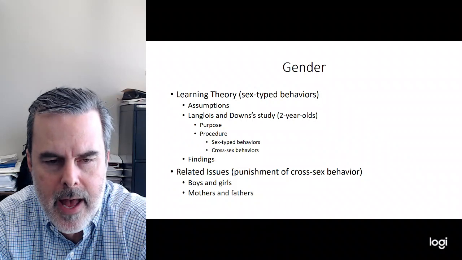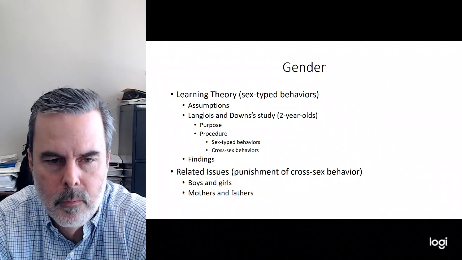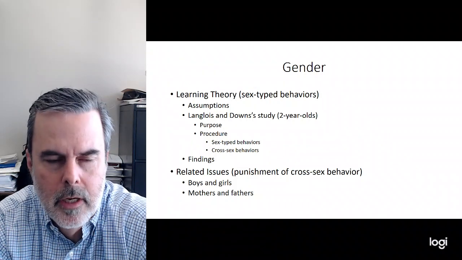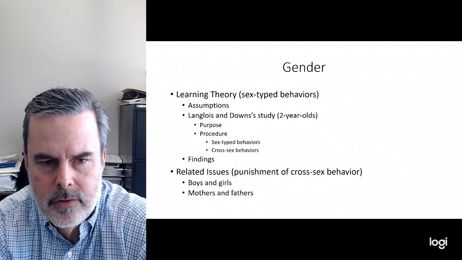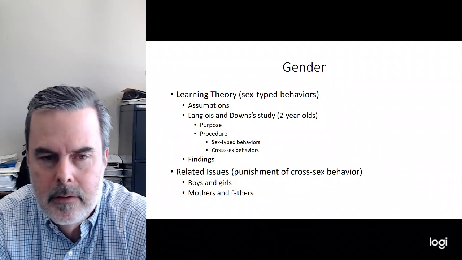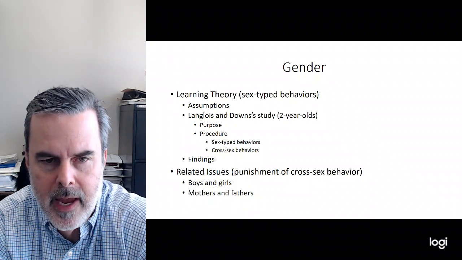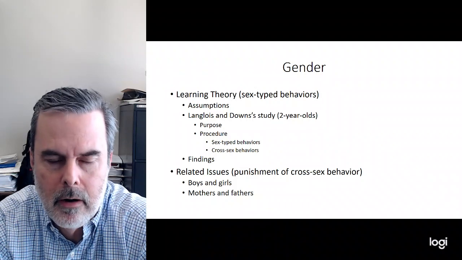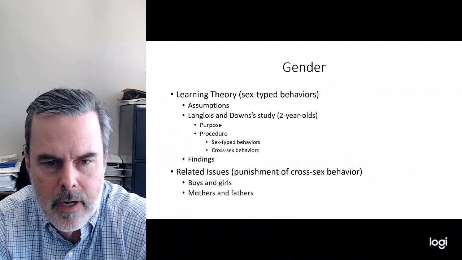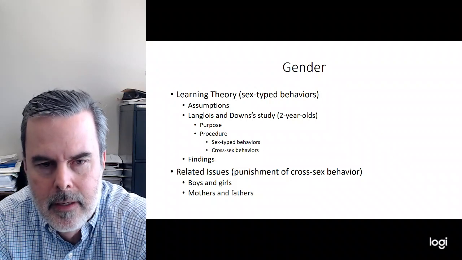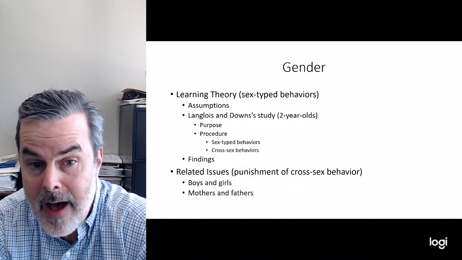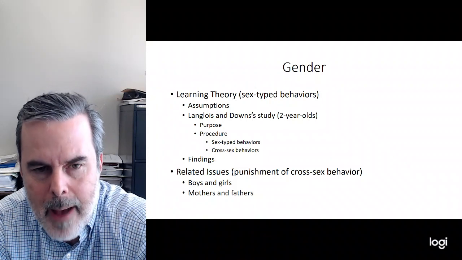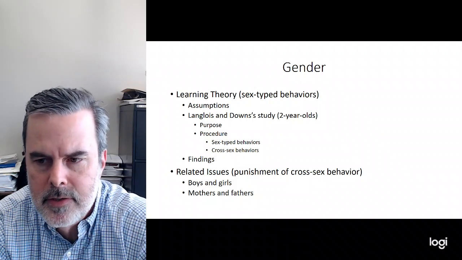As it turns out, fathers are more likely to punish cross-sex behaviors, to tell the child to stop displaying them, whereas mothers are less likely than fathers, anyways, to tell kids to stop showing evidence of cross-sex behaviors.